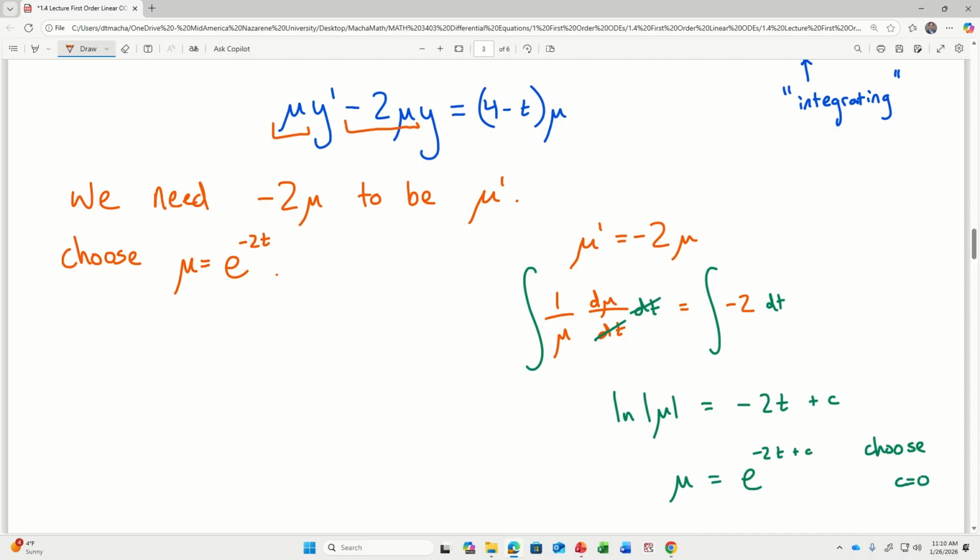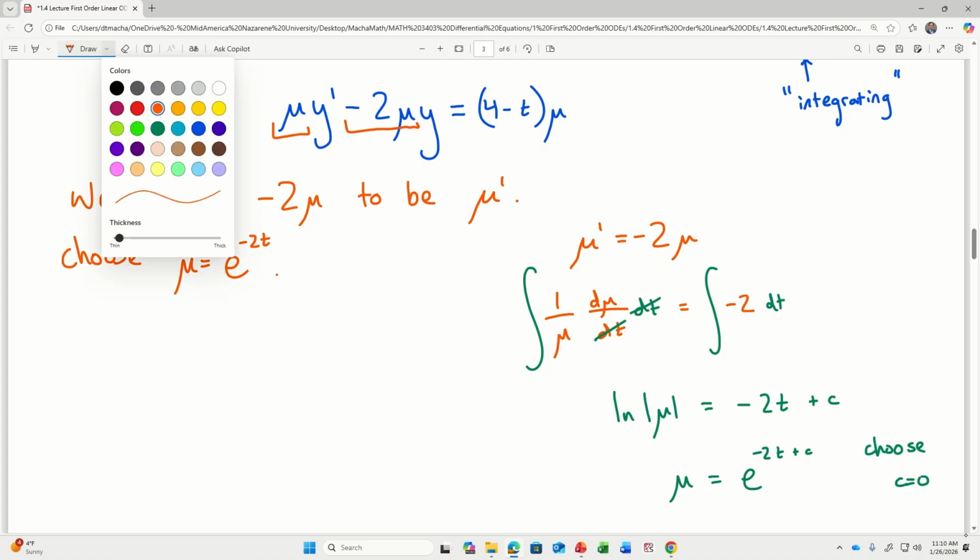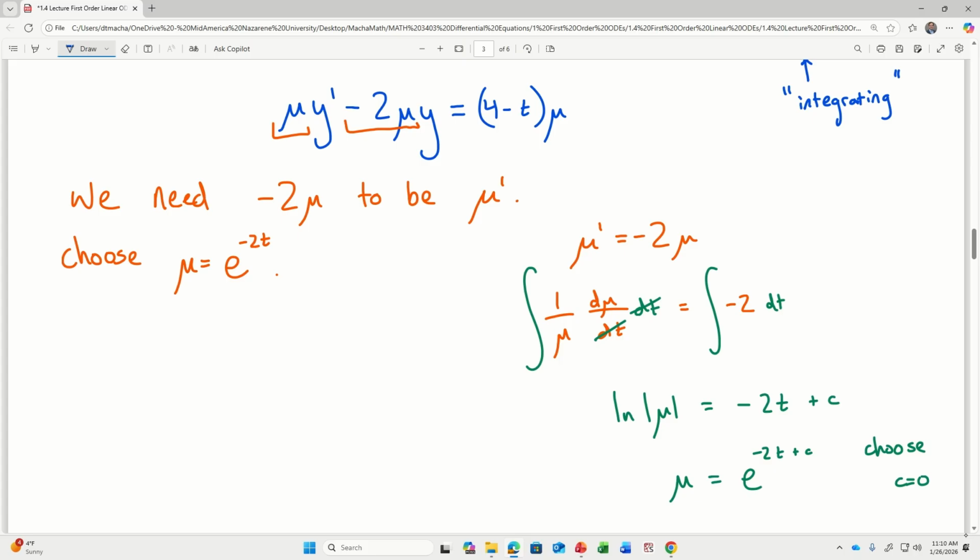That way, mu prime is negative 2 mu. And we rewrite that blue ODE right there, and we can rewrite it as e to the negative 2t times y prime minus 2e to the negative 2t y is equal to 4 minus t times e to the negative 2t.